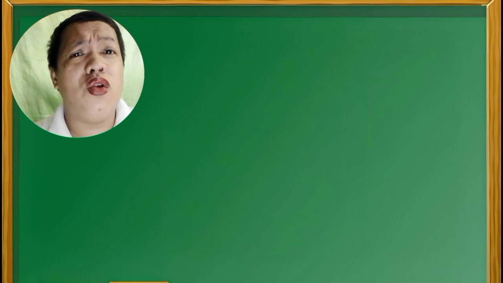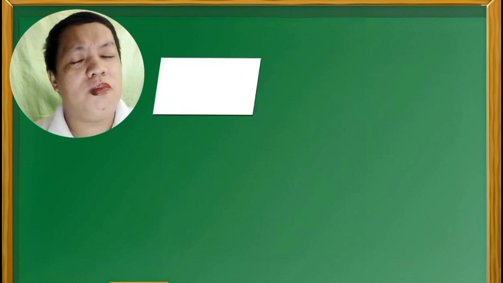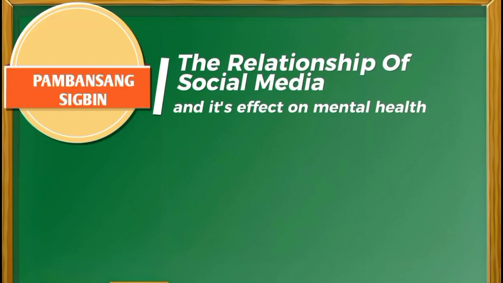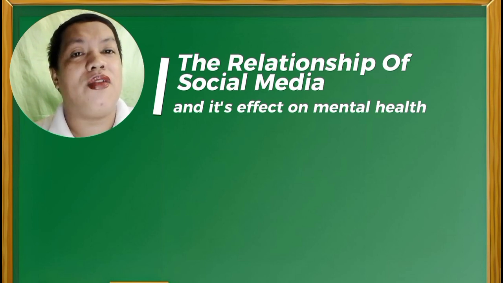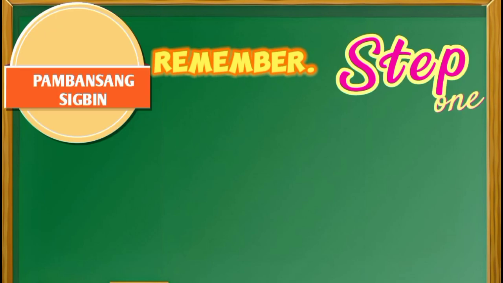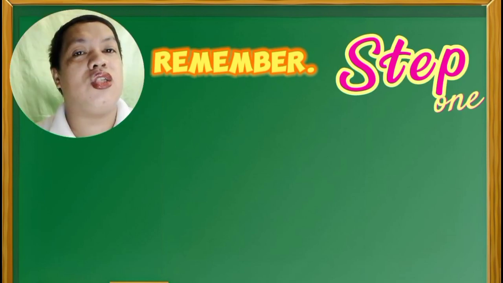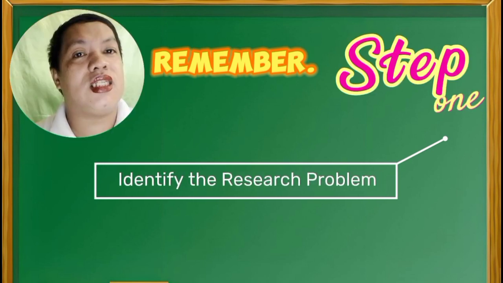So you will look for research papers that have already studied the relationship of social media and its effect on the mental health of the users of social media. You're clear with that? Remember the step 1, identify your research problems or identify your thesis questions, thesis problems.